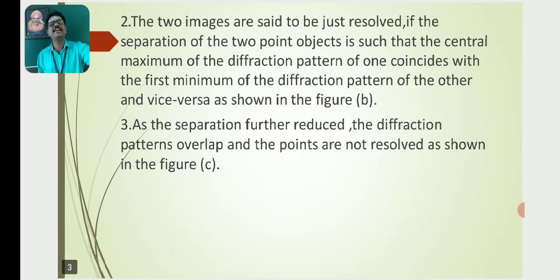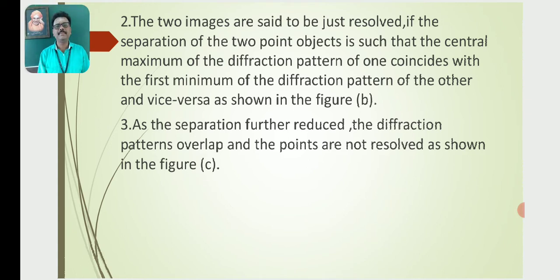Second factor: two images are said to be just resolved if the separation of the two point objects is such that the central maximum of the diffraction pattern of one coincides with the first minimum of the diffraction pattern of the other, and vice versa.